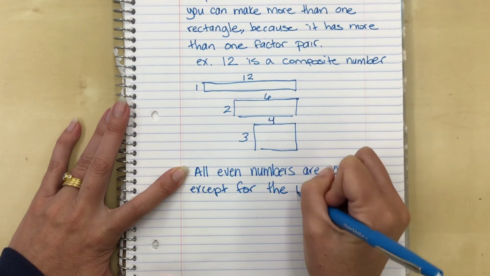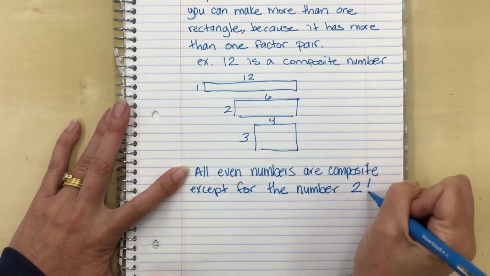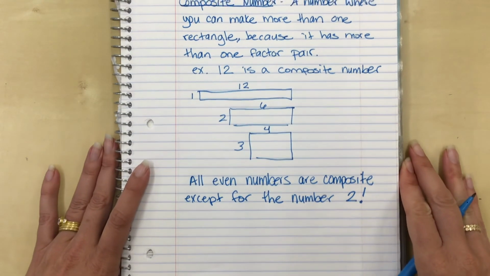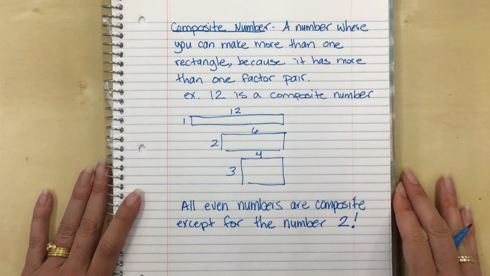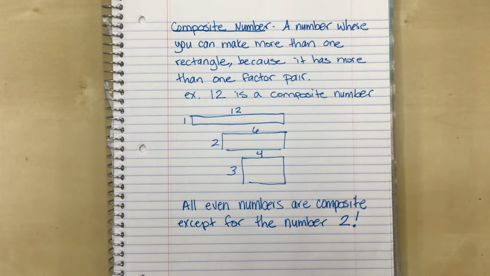Except for the number 2. Because the number 2, you can only get 2 by saying 2 times 1. So that's an even prime number, which is super unusual. Okay, so prime numbers, composite numbers, that's what we're talking about today.